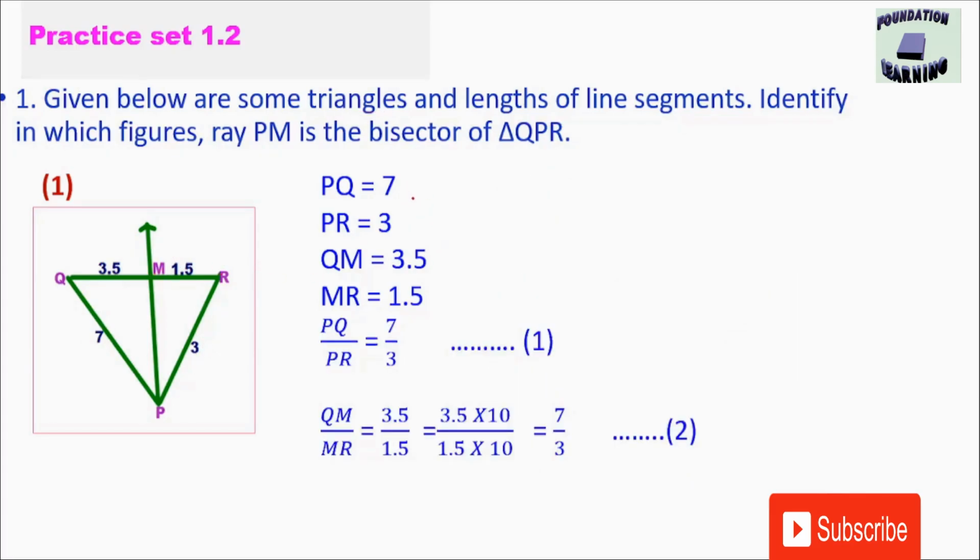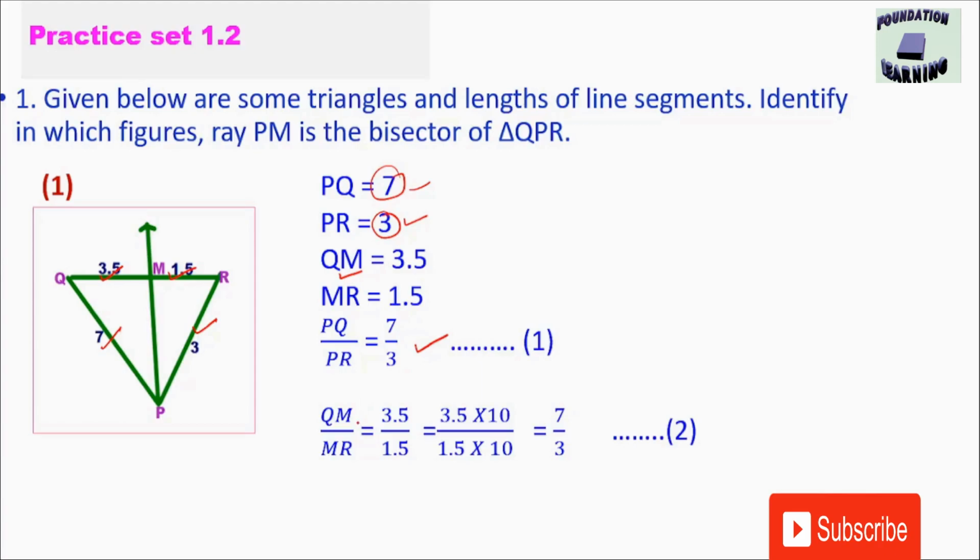Okay, we'll solve it neatly. PQ is 7, PR is 3, QM is 3.5, MR is 1.5. Then PQ upon PR is, PQ value is 7, PR is 3. So we got the first equation, 7 upon 3.